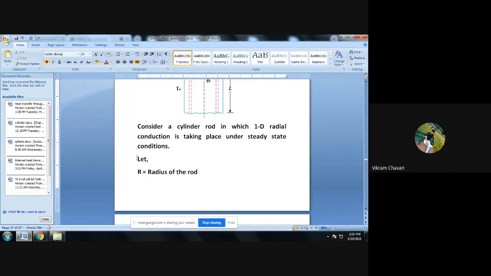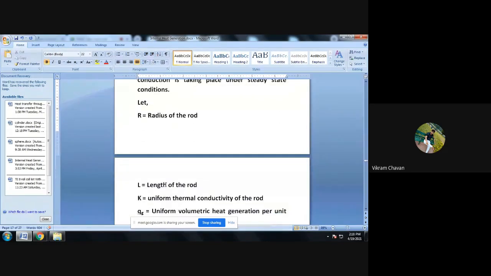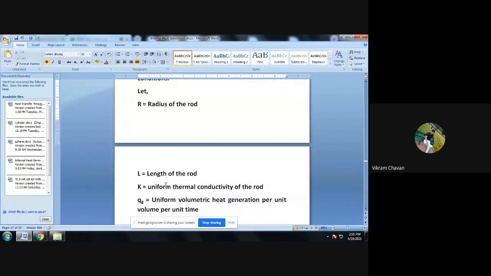Let, next line, R is equal to radius of the rod.